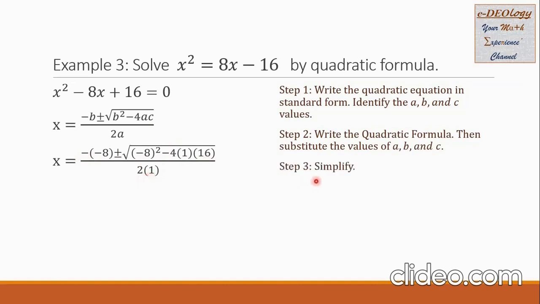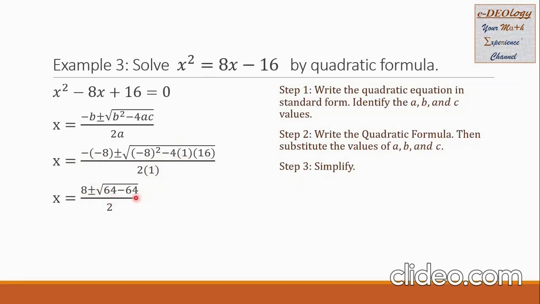Then step 3, we will simplify the formula. The negative of negative 8 is positive 8, plus or minus the square root of the square of negative 8 is positive 64. Then minus the product of 4 times 1 times 16.